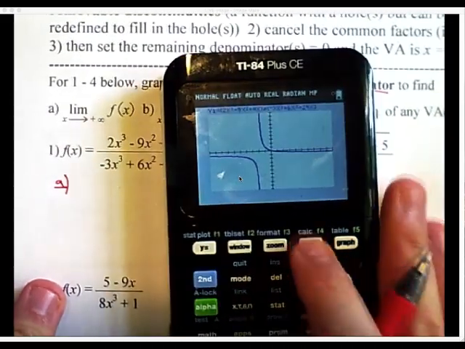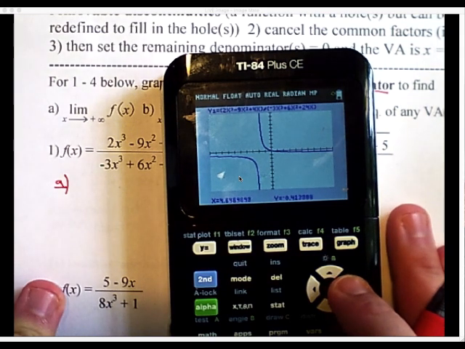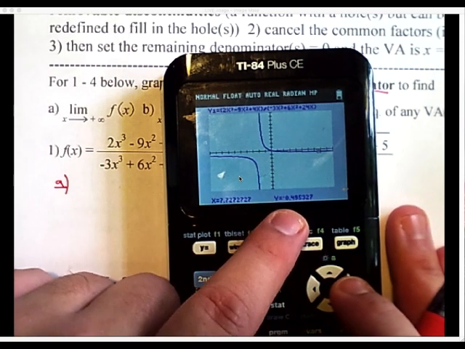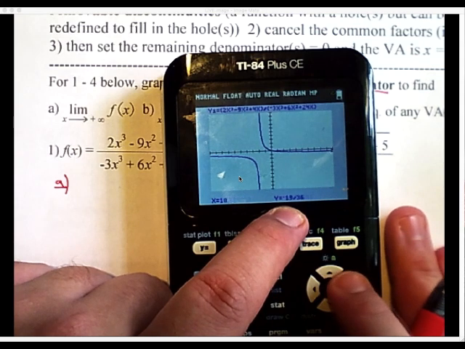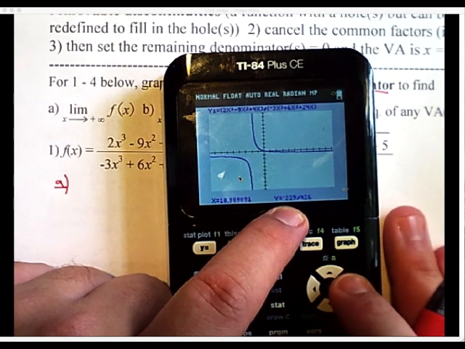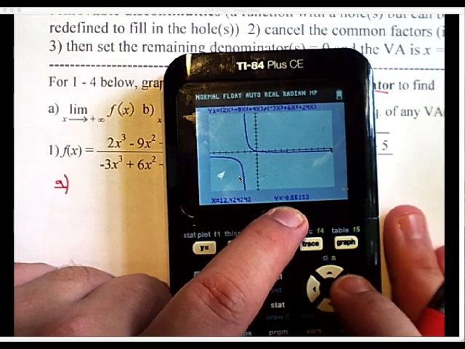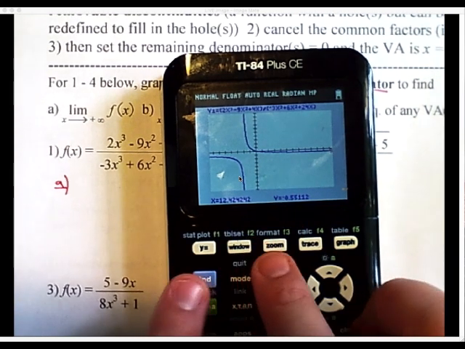So if I hit trace, as I move my cursor further and further out, I'm looking at these y values, negative 0.49, and so on. Now this could take a long time to get closer and closer to infinity, so a quicker way is to use the table in our calculator.